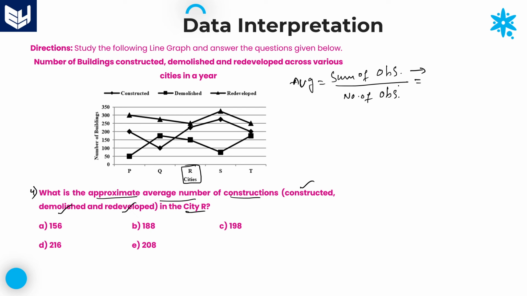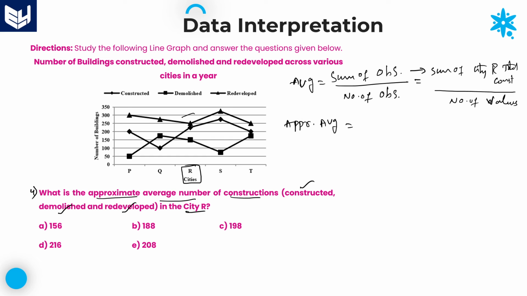Sum of observations is nothing but, according to the question, what you have to take is the sum of city R total constructions, which includes redeveloped, constructed, and demolished, divided by number of values. Number of observations is nothing but the number of values that we are taking. So the required approximate average is equal to city R total constructions.